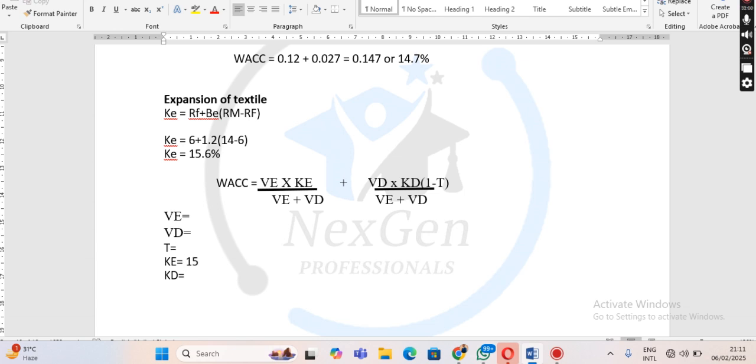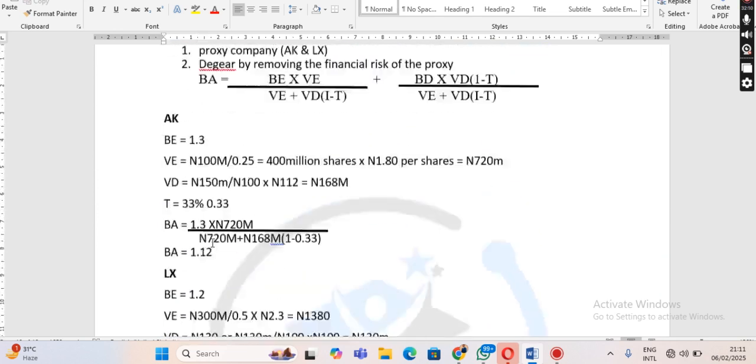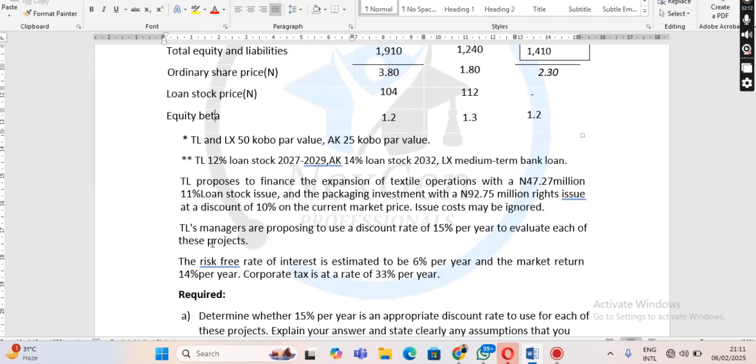Okay, the cost of debt is 15.6%. What is the value of equity? I say you should screenshot. Okay, this is it now. This is the value of equity, 92.75. This is the value of debt, 47.27, right?